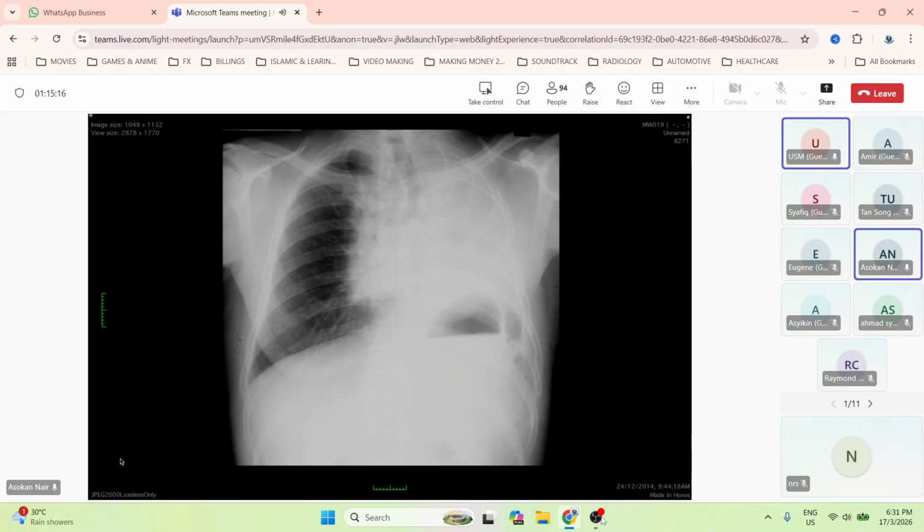Yes. So what is the clue? Why did you say it's radiation? Because it appears almost linear, straight, uniformly affecting the right mediastinum region. Yes, because it's a straight line here. See, a straight line there.